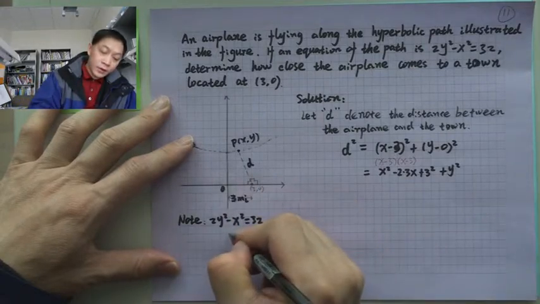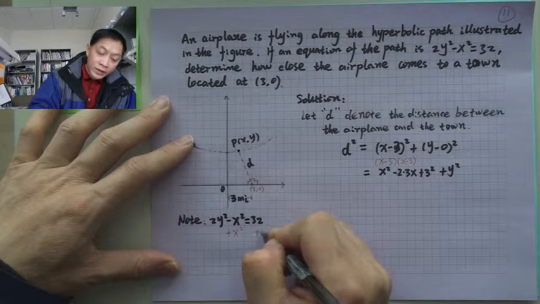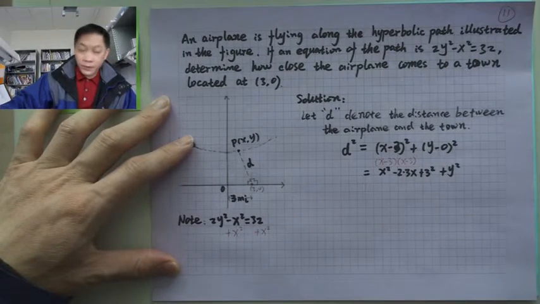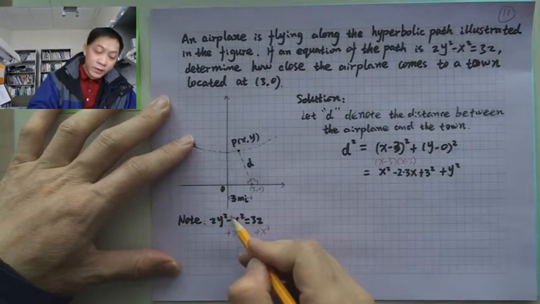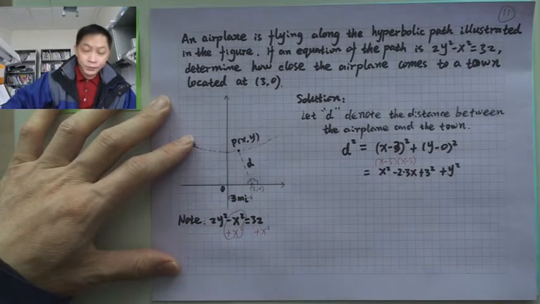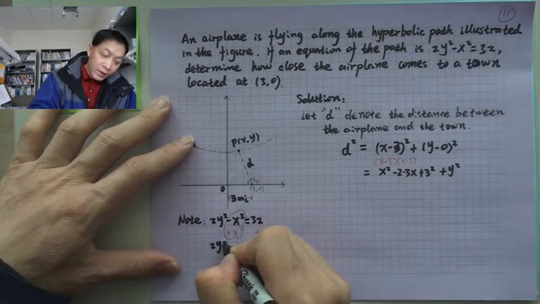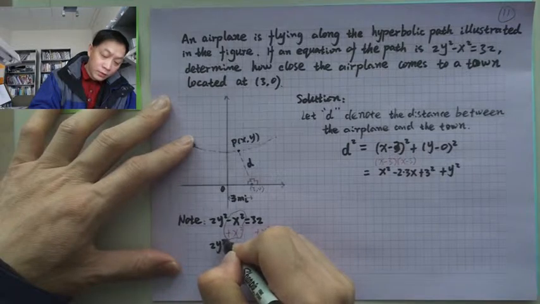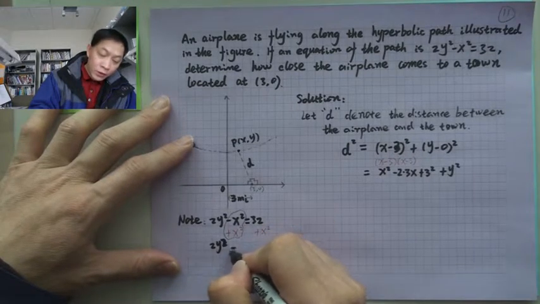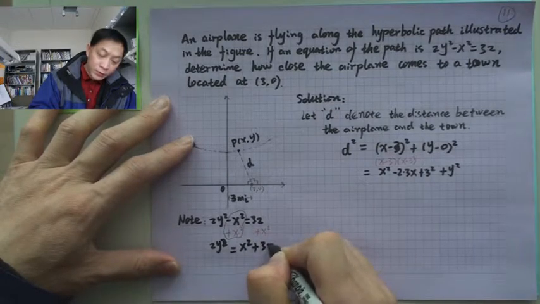If you add x squared on both sides, the negative x squared and positive x squared cancel each other, and you have 2y squared equals x squared plus 32.